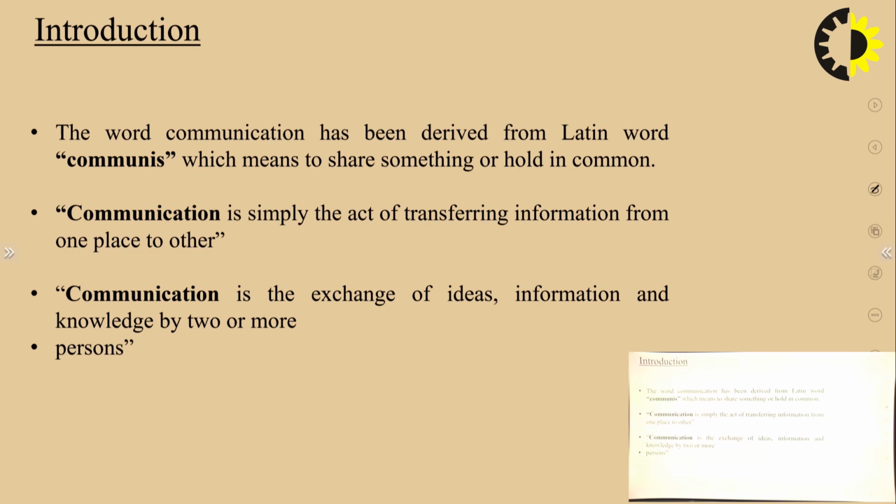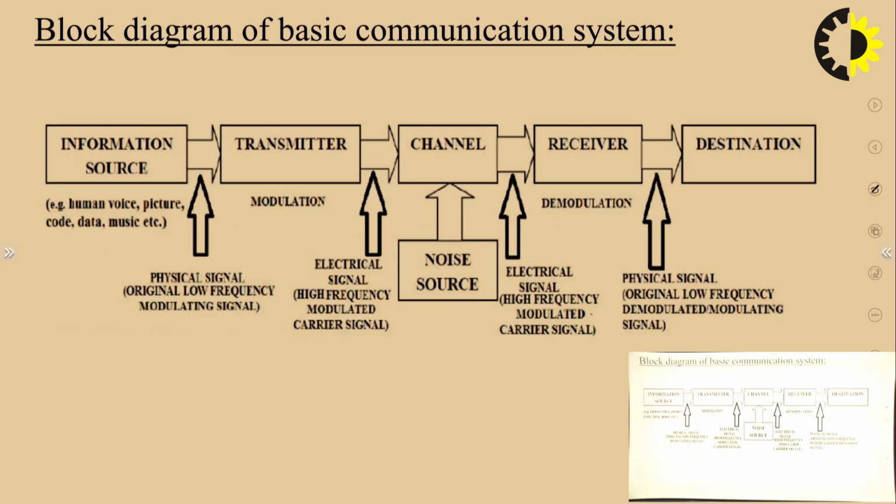There is a certain block diagram for the basic communication system, as you can see here. This is the information source, then the transmitter, channel, then the receiver and destination.